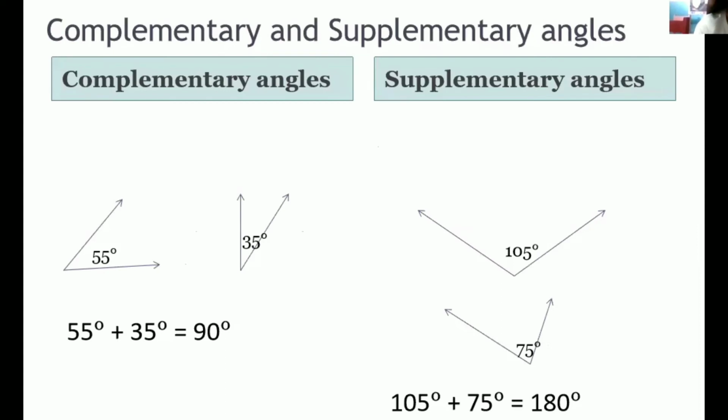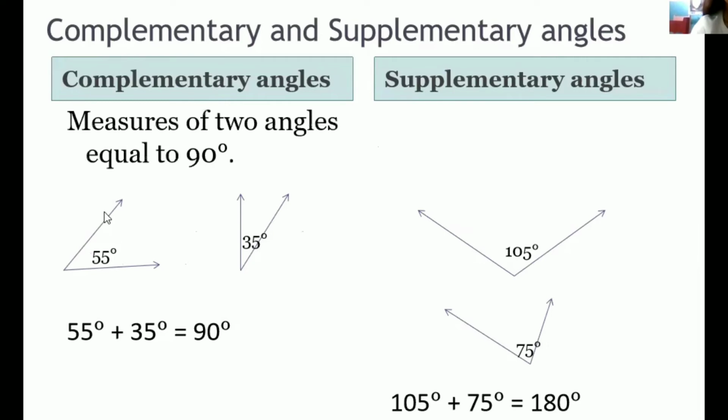Next, we have complementary angles and supplementary angles. What is the difference between complementary and supplementary angles? What have you observed in complementary angles? The two angle measures equal 90 degrees. If you add the two angles and the sum is 90 degrees, then they are complementary angles.